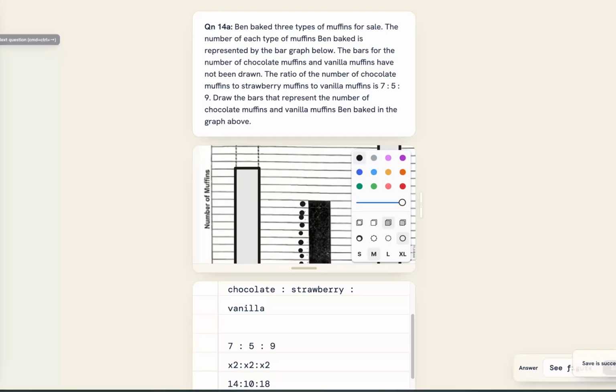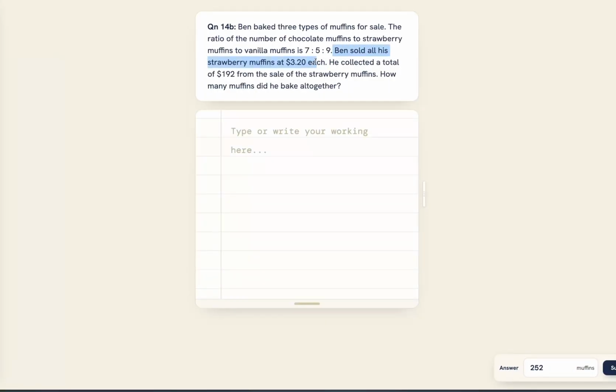All right, question 14, part B. Ben sold all his strawberry muffins at $3.20 each. He collected a total of $192 from the sale of the strawberry muffins. How many muffins did he bake altogether? So we want to know the number of strawberry, which is basically 192 divided by 3.20, and this will give us 60. So that means 5 units equal to 60.